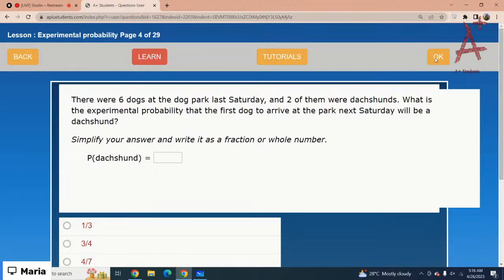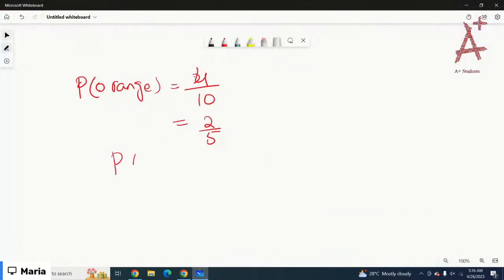The total dogs are 6. 2 of them are Dachshunds. Got it? So the probability is 2 times 1 is 2 and 3 times 2 is 6. It would be 1 over 3. Got it? So the correct option is 1 over 3.